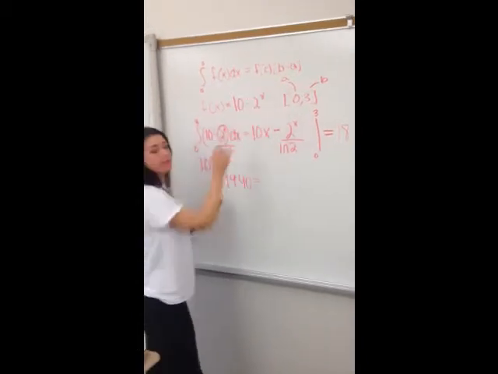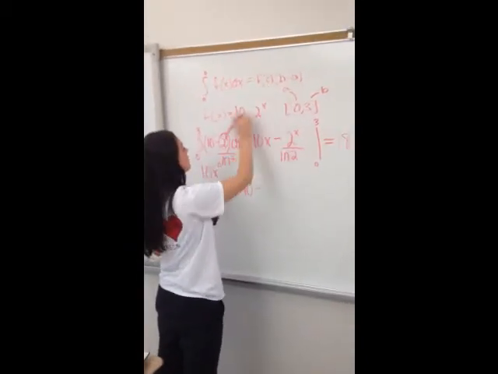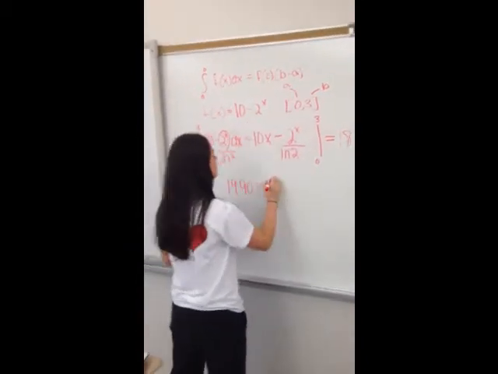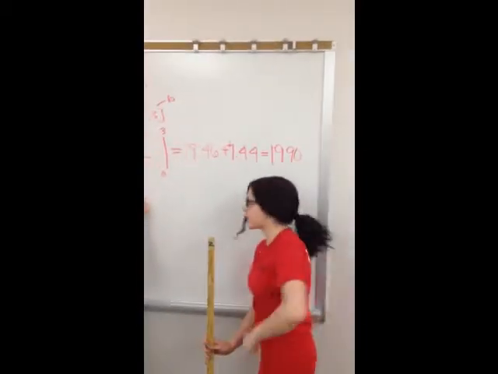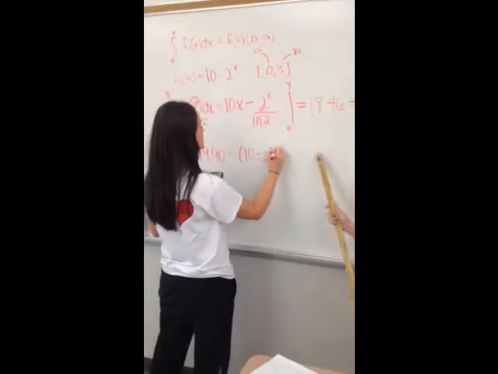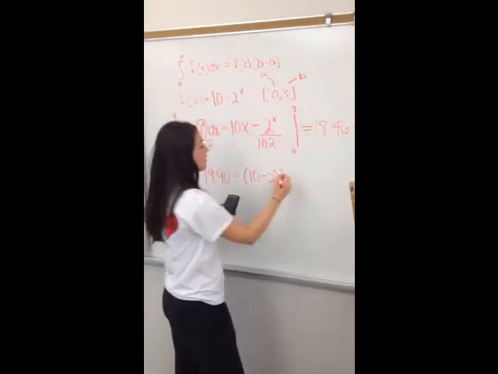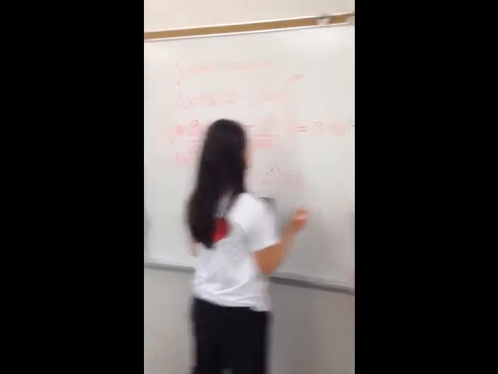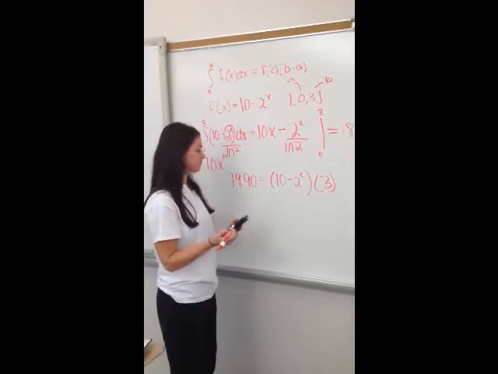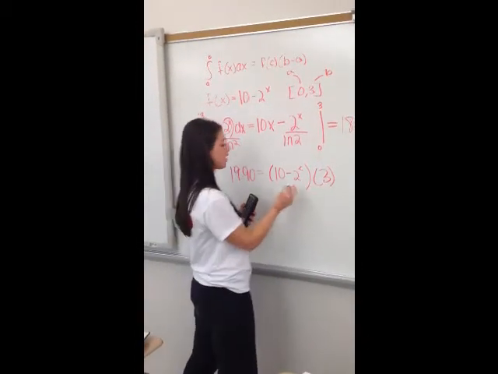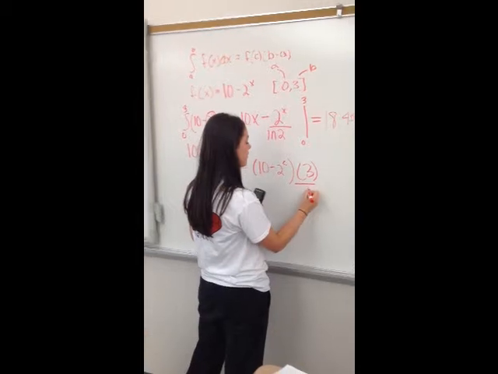So now all you have to do for f of c is plug in c where the x's usually go. So you have 10 minus 2 to the c power times b minus a. 3 minus 0 is just 3. Now what you can do next to solve for c is divide 3 on both sides.